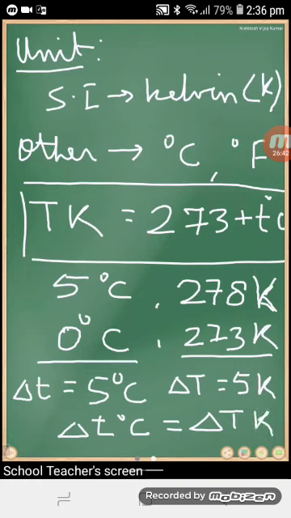So the difference between two temperatures in degree centigrade as well as in Kelvin are equal. So if we are mentioning the change in temperature, we do not require to change the unit from degree centigrade to Kelvin or Kelvin to degree centigrade. They can be automatically changed. Then we have the other relationship.